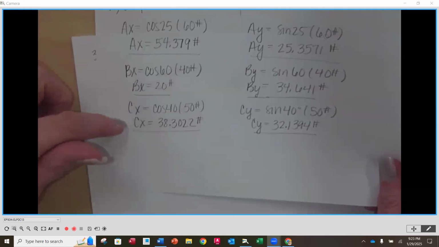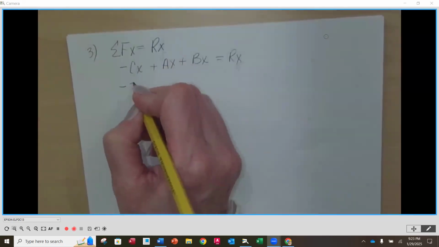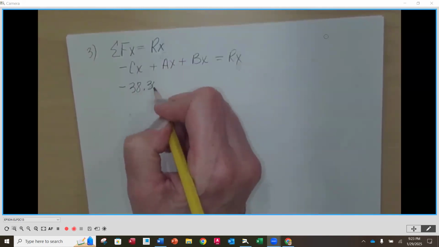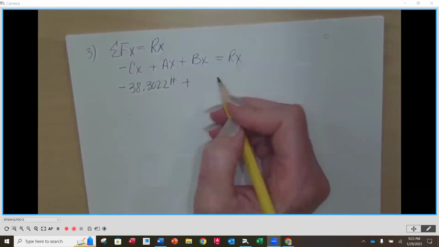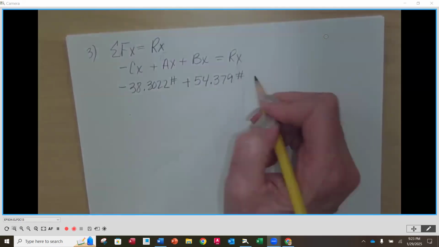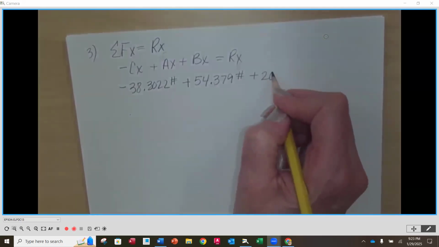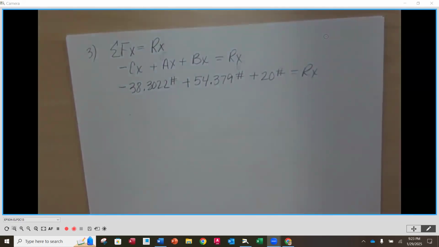Now I know all those values. So I'm going to look at my values in the X here, and I'm going to put them in. So I've got negative 38.3022 pounds, that's my CX, plus 54.379 pounds plus 20 pounds. It's going to be equal to my RX.